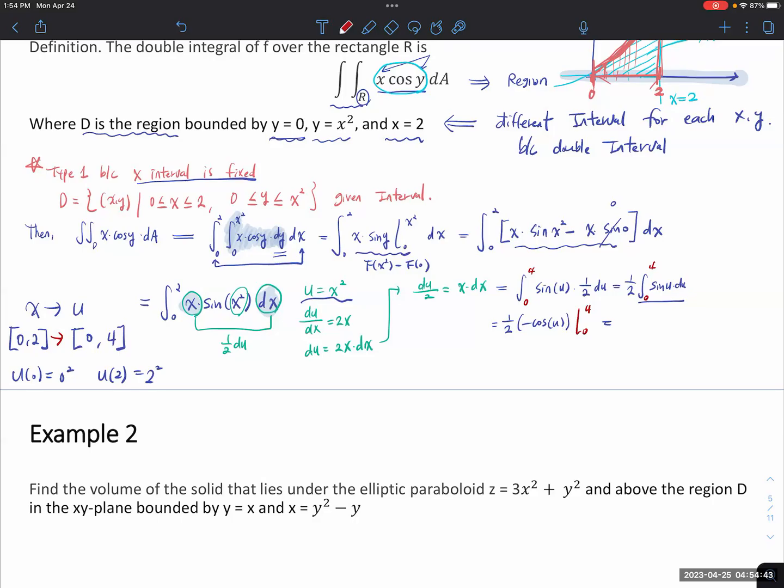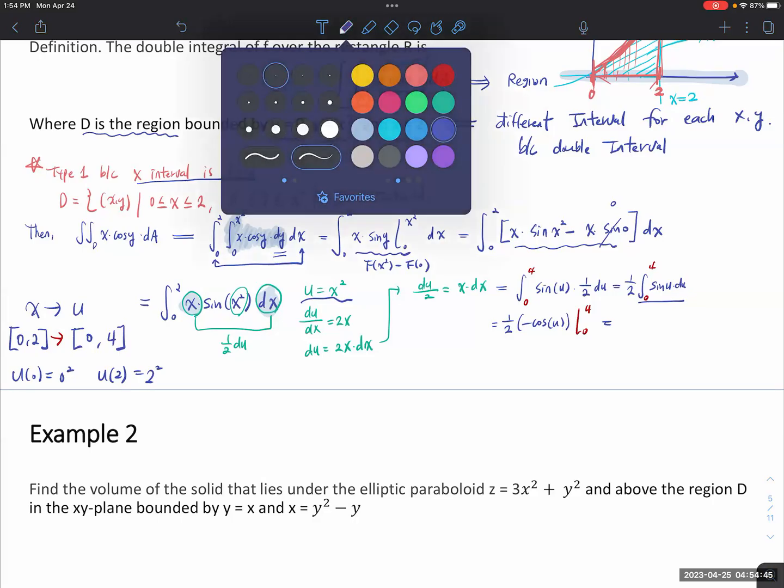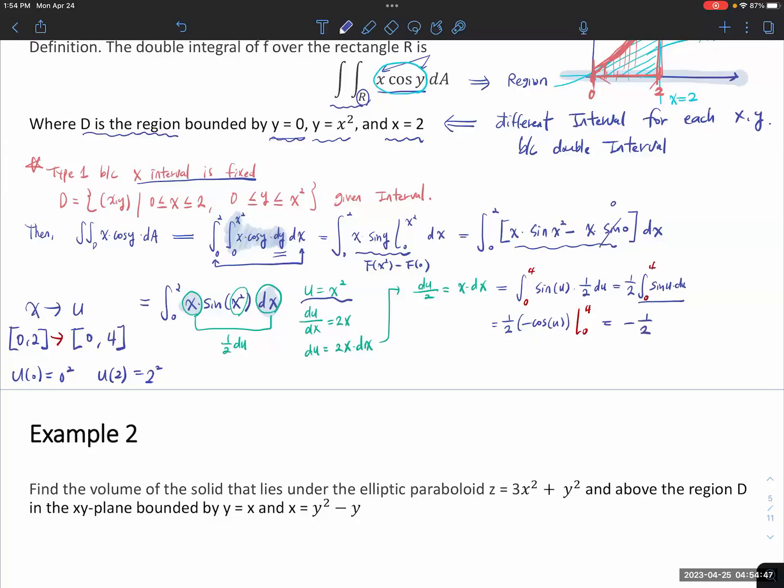Better? Yes. So now let's take a look at the final answer. Minus 1 over 2 cosine u from 0 to 4. That means negative 1 over 2 cosine 4 minus negative 1 over 2 cosine 0. So we're going to calculate that one. Cosine 0 is going to be 1.